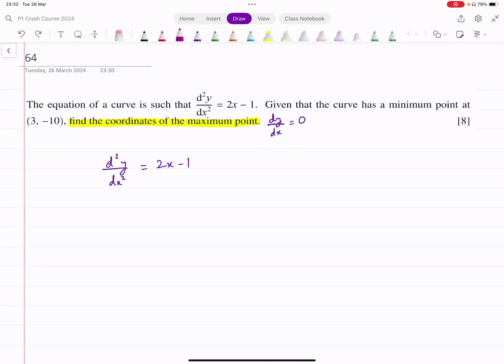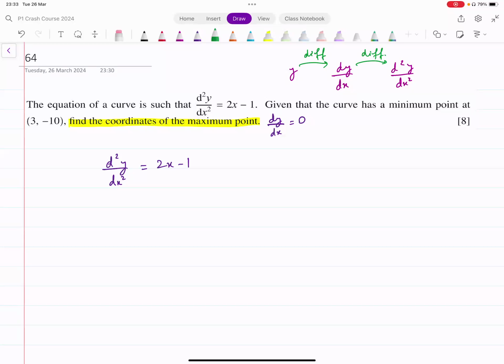Remember, if you have a function y and you want to go to dy over dx and then d square y over dx squared, you differentiate. As you go from left to right, you have to differentiate. The derivative of y is dy over dx, and then the derivative of dy over dx is d square y over dx square.